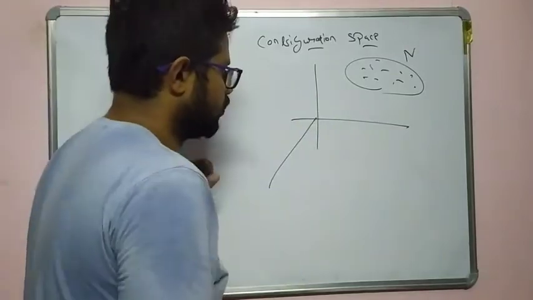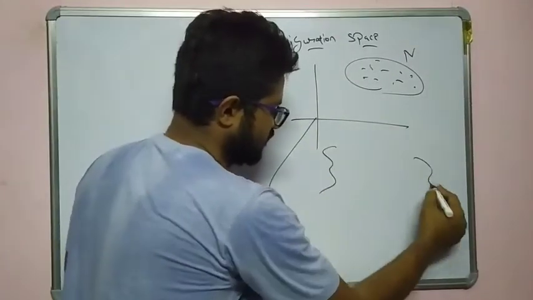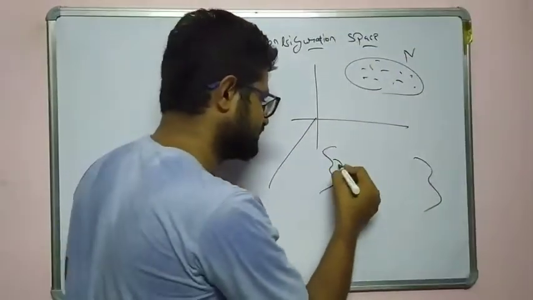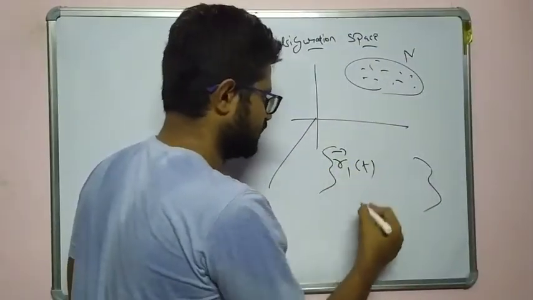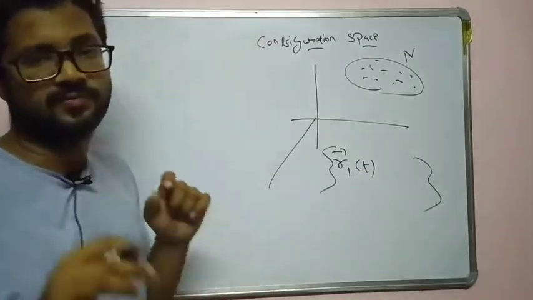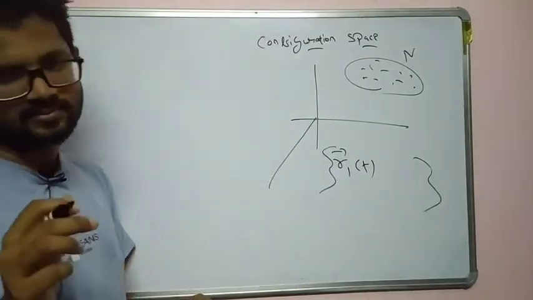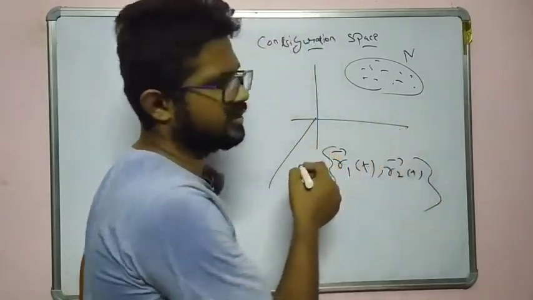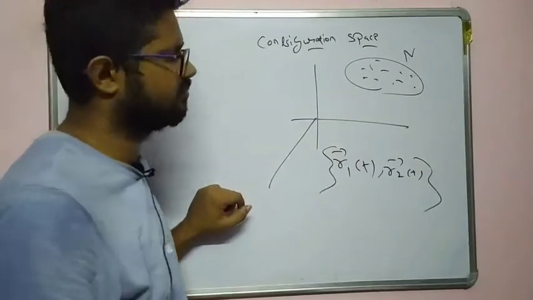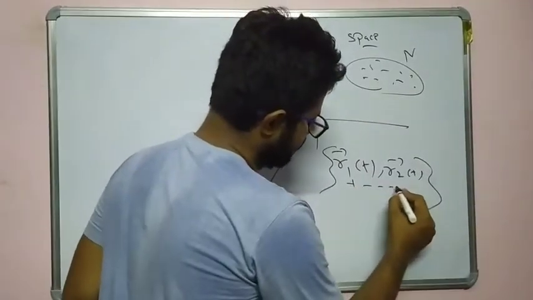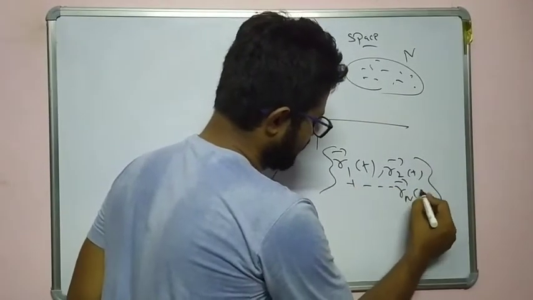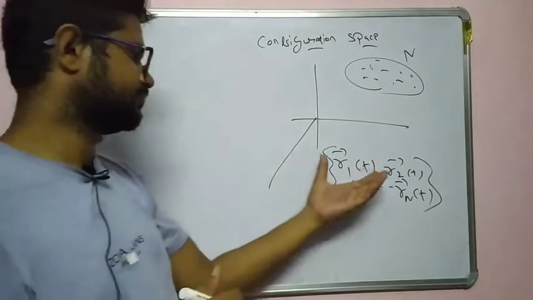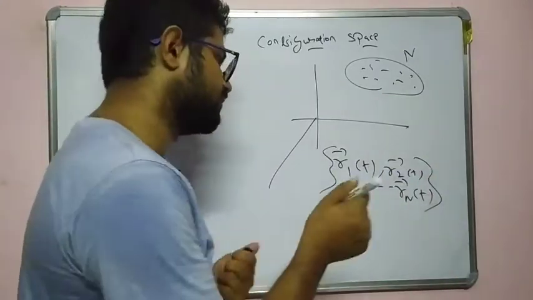If you take the set of the position vectors of all these particles, that is r1(t), the position vector of the first particle at certain time t, r2(t), the position vector of the second particle at certain time t, and in this way the position vector of the nth particle at certain time t, then this set is known as configuration space.